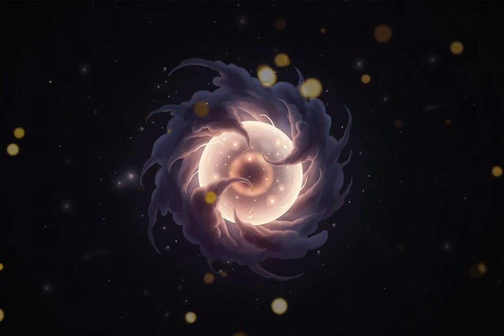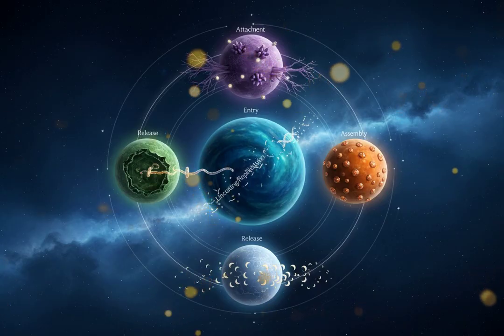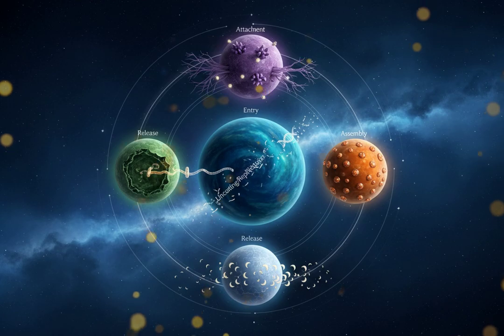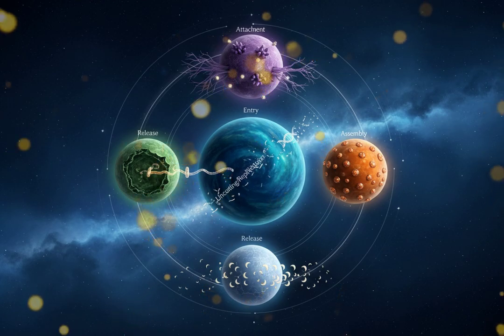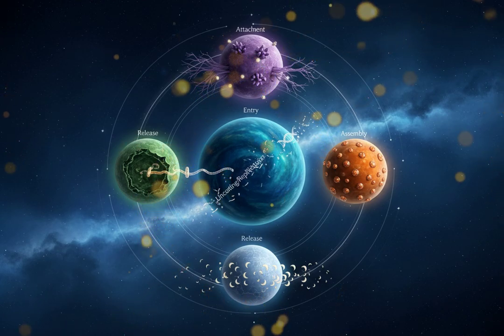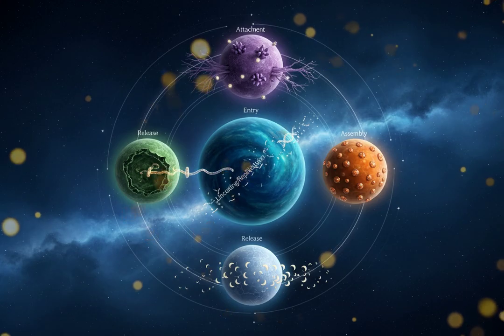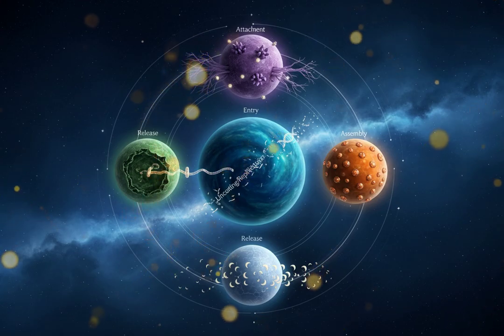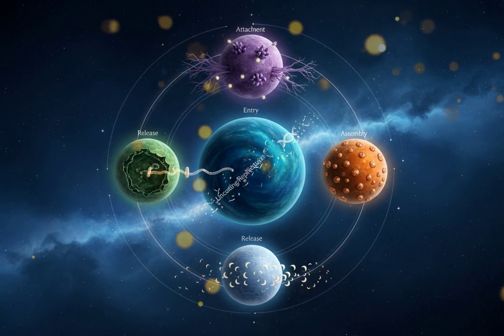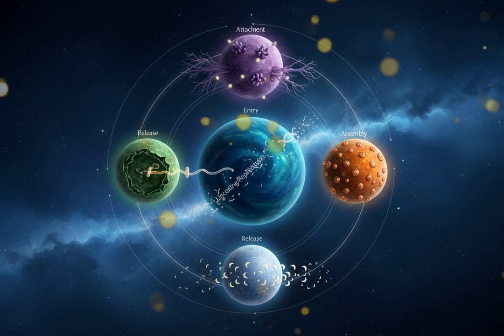The first step in this defensive response is the recognition of viral components by immune cells. Specialized cells, known as antigen-presenting cells, play a crucial role in this recognition process. These cells act as vigilant sentinels, continuously surveying their environment for signs of infection.